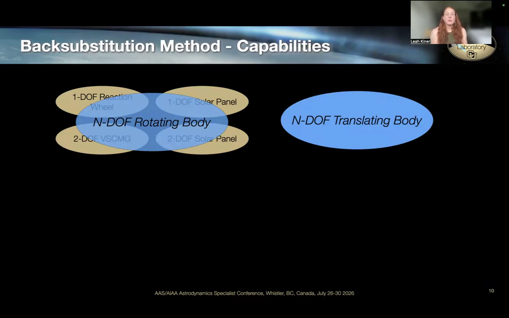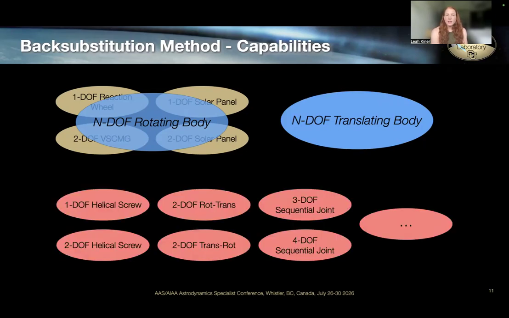For example, a 1-DOF reaction wheel is physically different than a 1-DOF solar panel, but from a dynamics standpoint, we can use the same equations of motion to simulate both of those components because those equations can be derived in a more general way. Those 2 formulations were recently introduced to enable a broader range of simulation of different types of components.